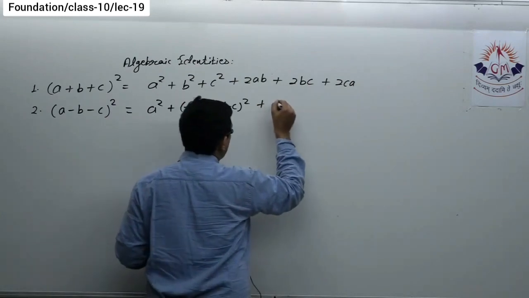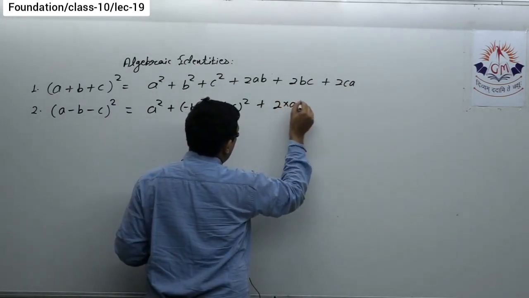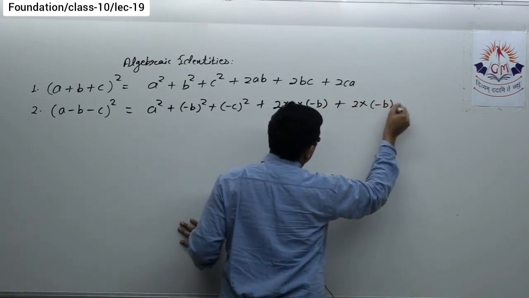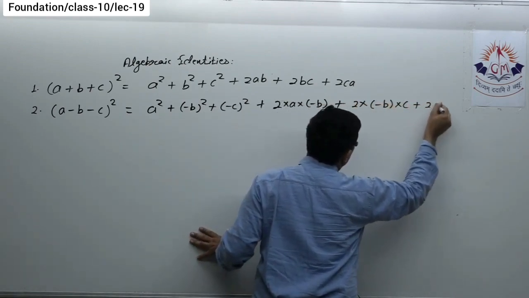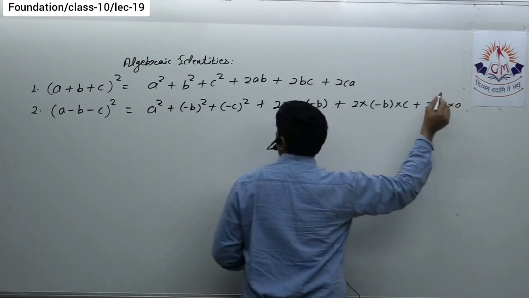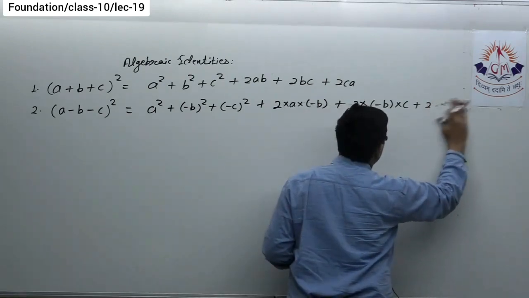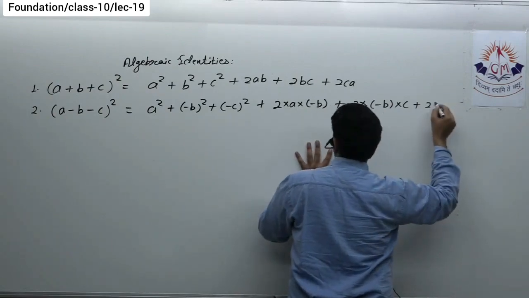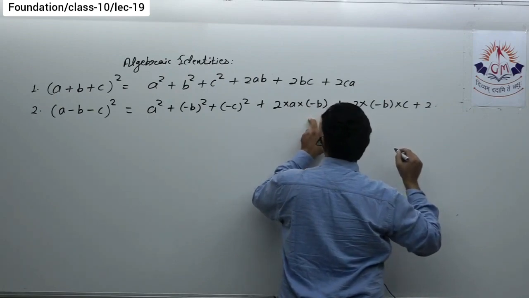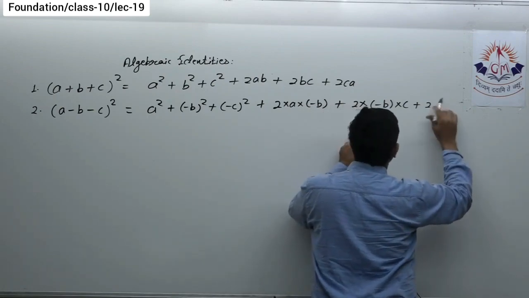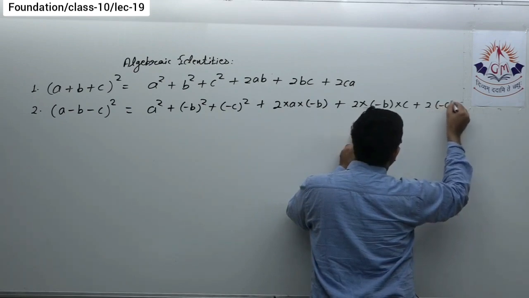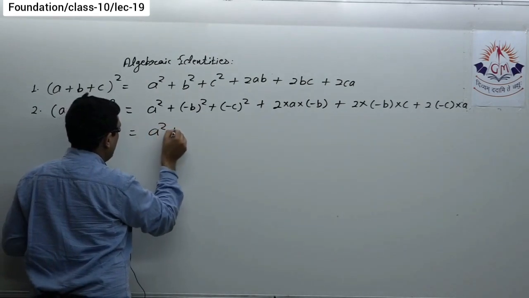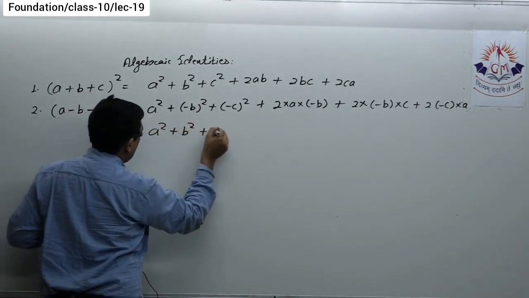Similarly I will do over here: 2 into a into minus b plus 2 into minus b into c plus 2 into minus c into a, for ab, bc and ca. Okay, so this is a square, now minus b square is b square, plus c square is c square.